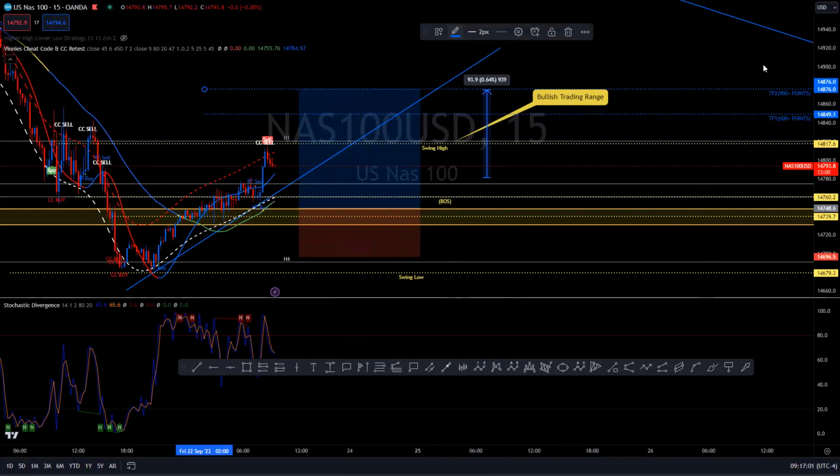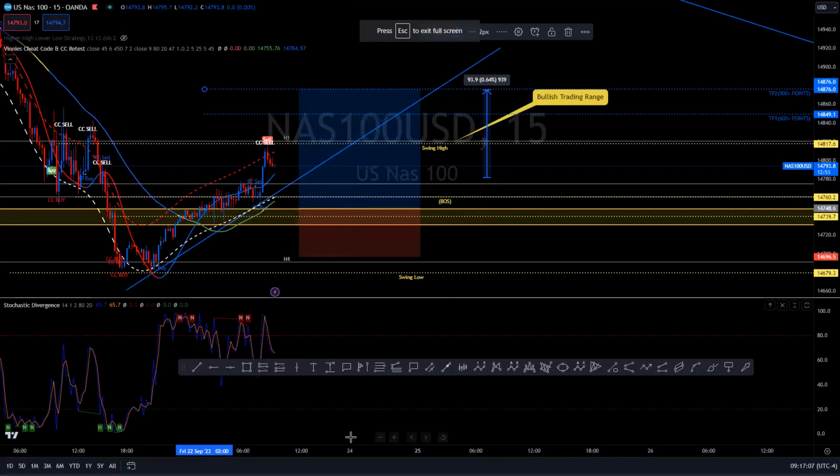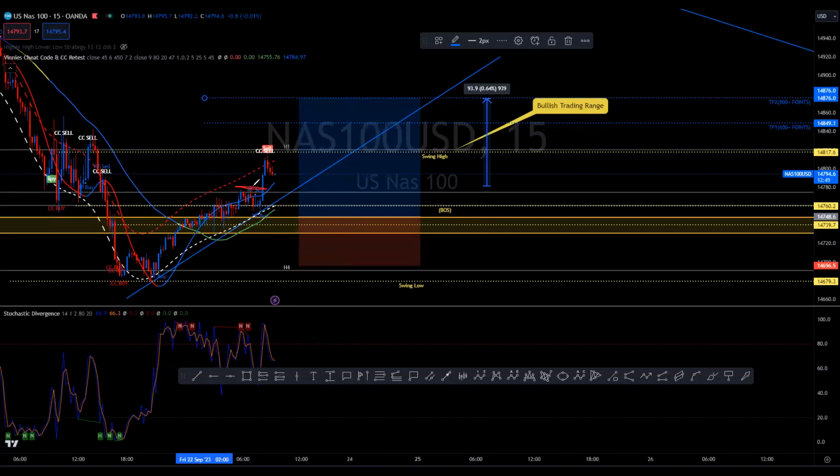So that's what I'm going to aim for. So looking for price to come down anywhere between this structure to this structure here, and then go back up.